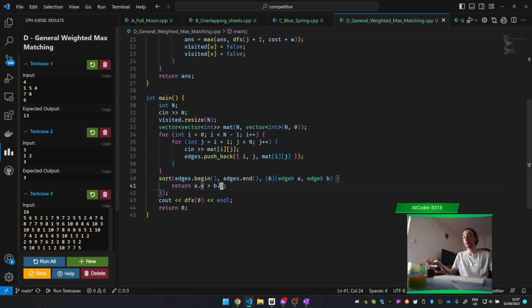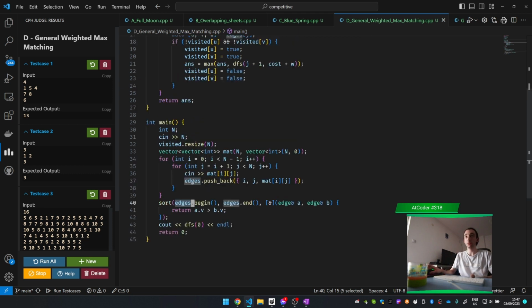This allows me to have a concrete deterministic order of the edges.